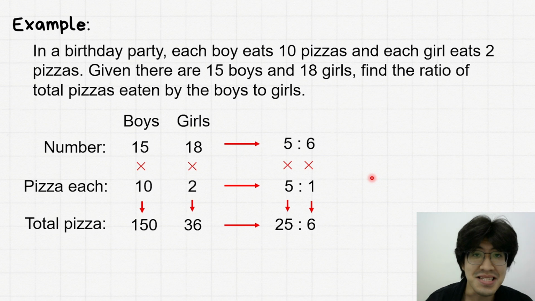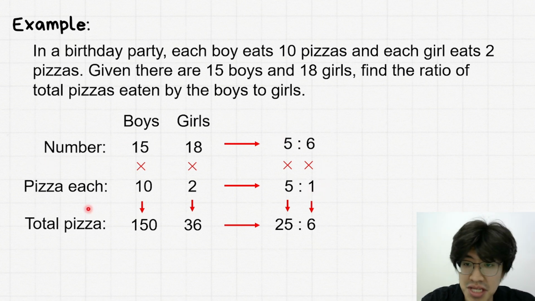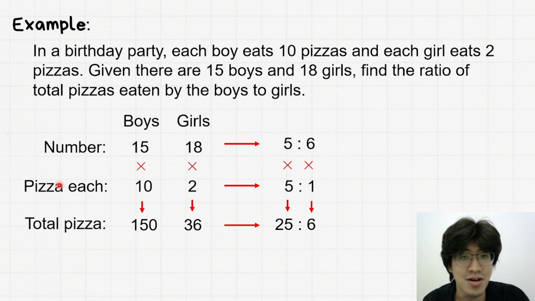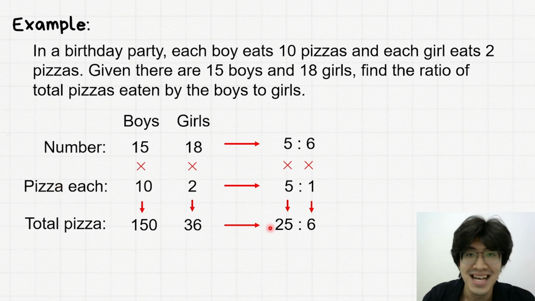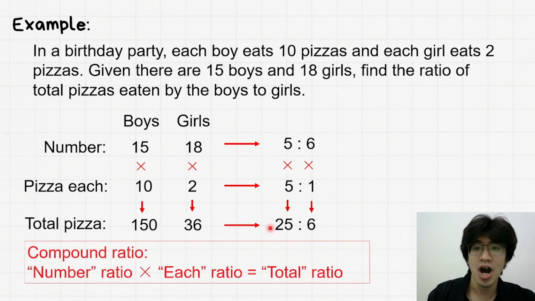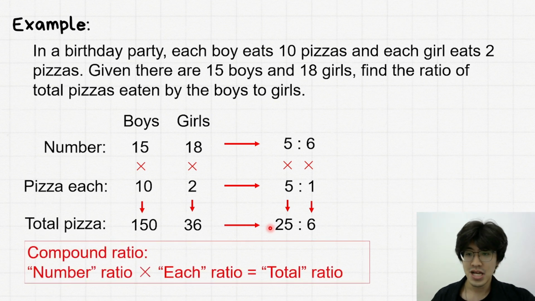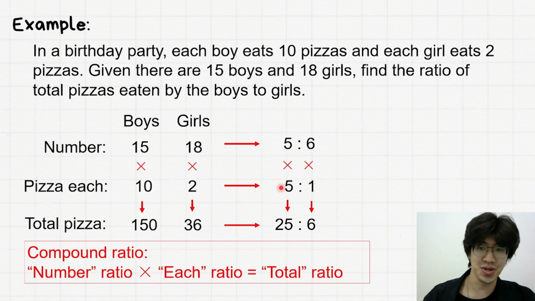So from this example, what we can learn is that the ratio describing number and the ratio describing each of the boys and the girls, we can get the ratio of the total number. So this technique is what we call compound ratio. You take the number ratio, multiply by the each ratio, and then you can get the total ratio.